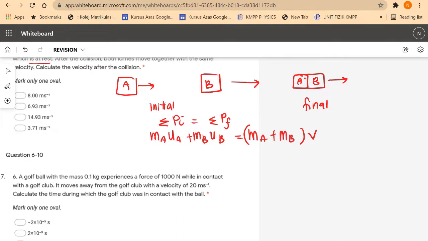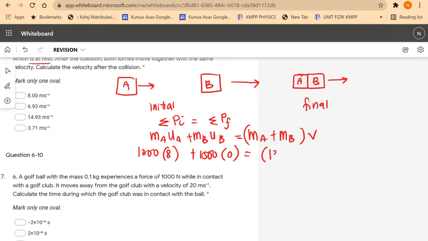Substitute the mass of lorry A, which is 1,300, and the initial speed of lorry A, which is 8, and lorry B is at rest, so uB is 0.